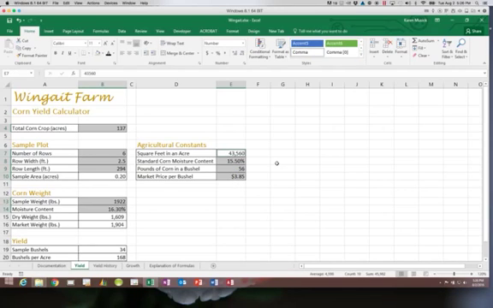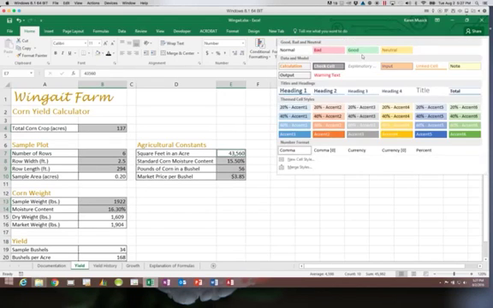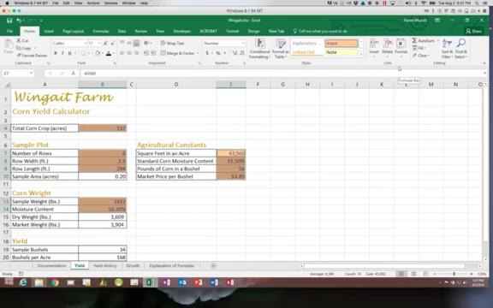Once we have all those selected, you're going to go to your cell style gallery and choose the input cell style. Those are all cells that we have to input values in, and that's why they're formatted with that particular style.